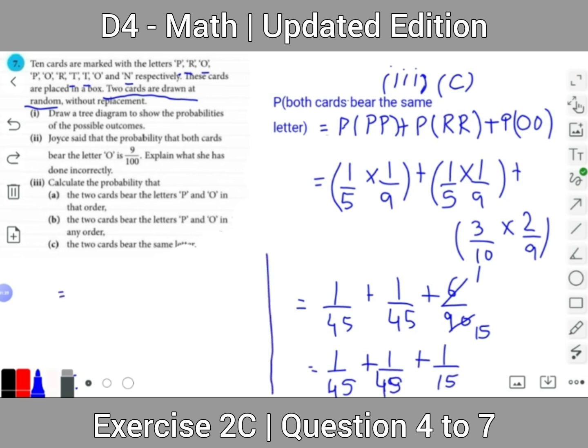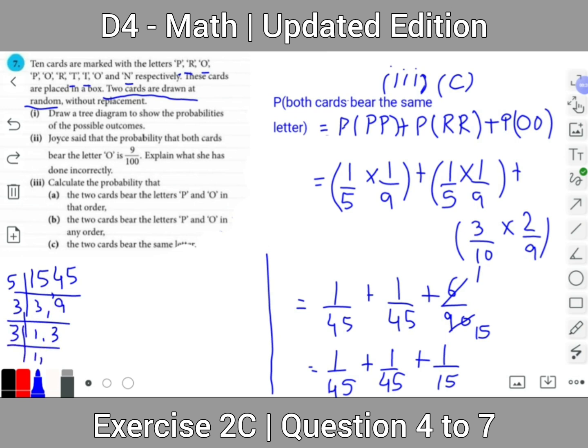Now we will take the LCM of 15 and 45. So here we have 5 threes are 15 and 5 nines are 45. Now we have 3 ones are 3 and 3 threes are 9. Now we have again 3, and 3 ones are 3.